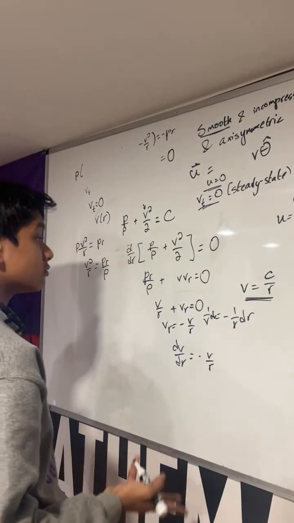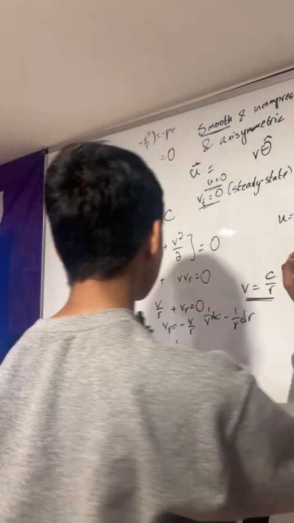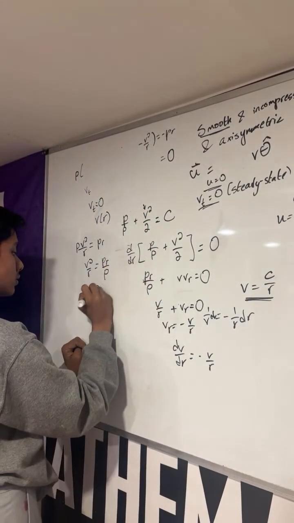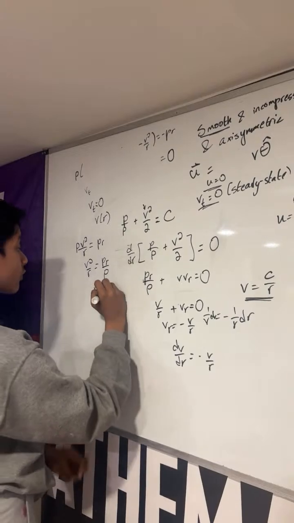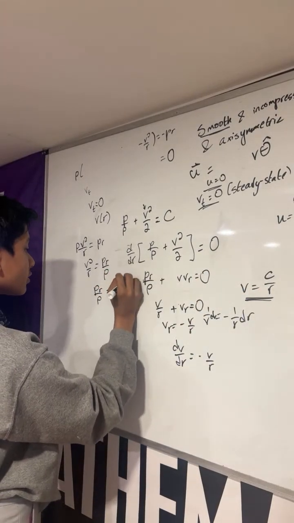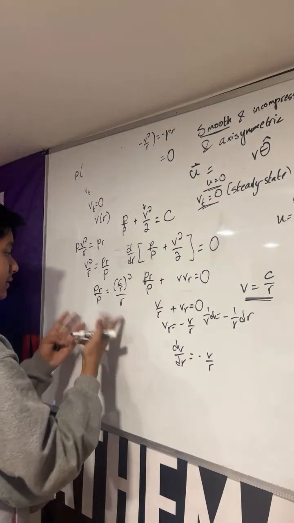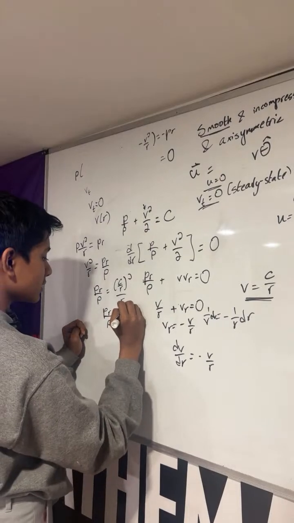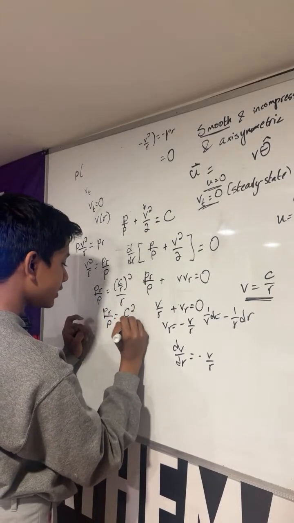So v is equal to C over r. What does that mean? Well, p_r over rho is equal to this squared over r again. So this is just C squared over r cubed.